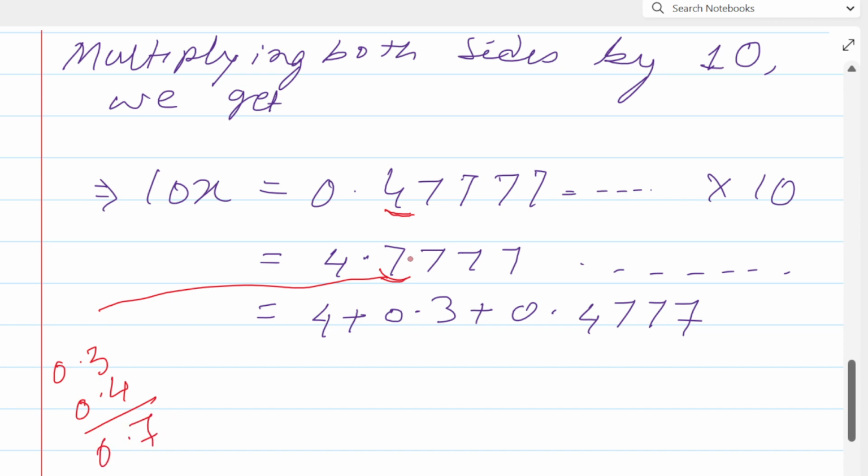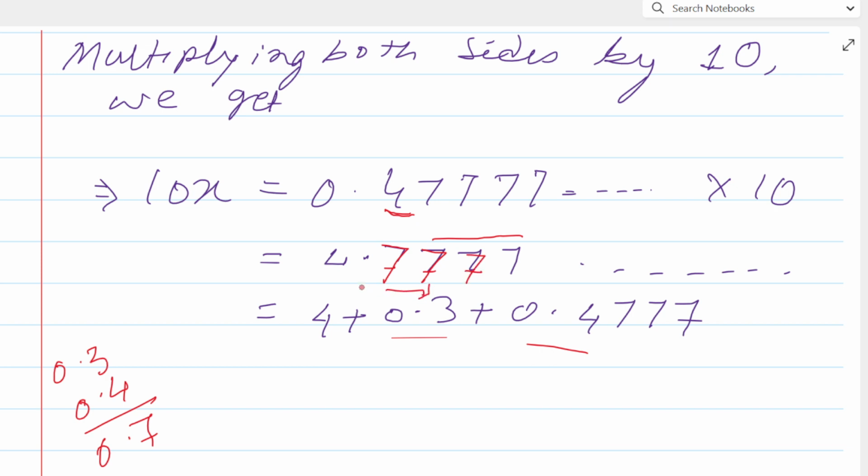After that, this 7 is there, so I have taken three 7s. Is it okay? I have split 0.3 and 0.4. Why I am doing this, I'll show you now.